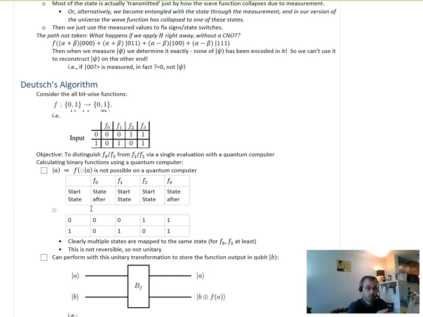They should preserve probability. This does not do that. Why? Well, an obvious reason is f0 is mapping both of these states to state 0. You cannot reverse this operation. You can't go from this back to 0 and 1. You don't have that information anymore. So it's not reversible, therefore we cannot do this on a quantum computer like this.